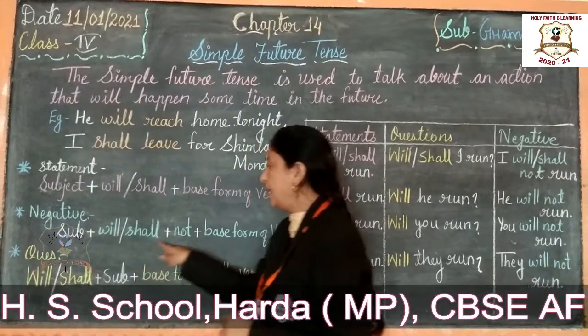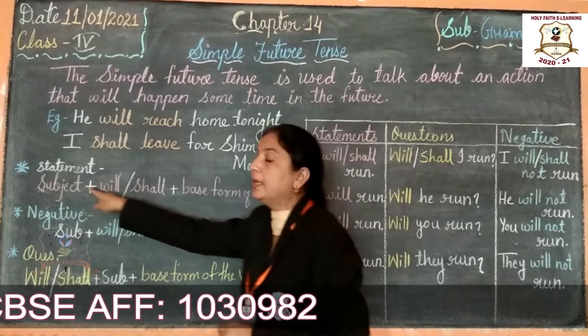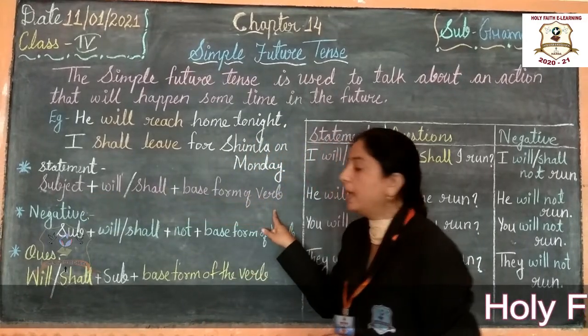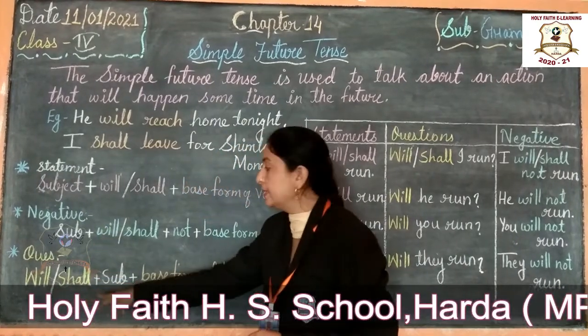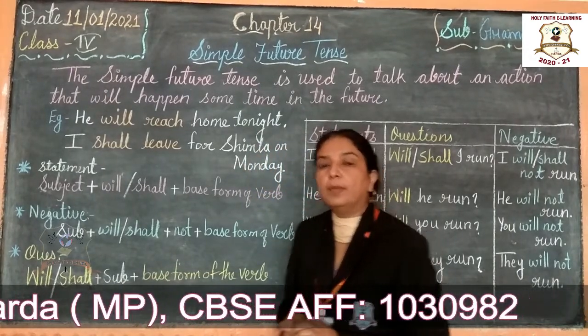Subject, will or shall, plus not, plus base form of the verb. And for the statement, subject, will or shall, plus base form of the verb. And for the question ये पहले आएगा, will or shall will come first, then subject plus base form of the verb.